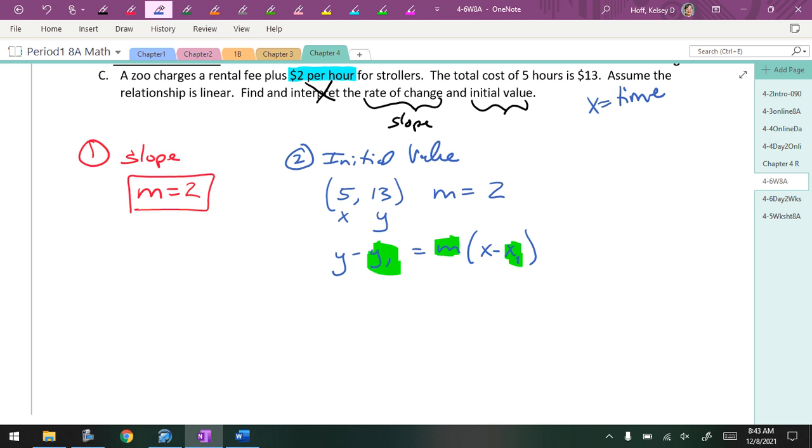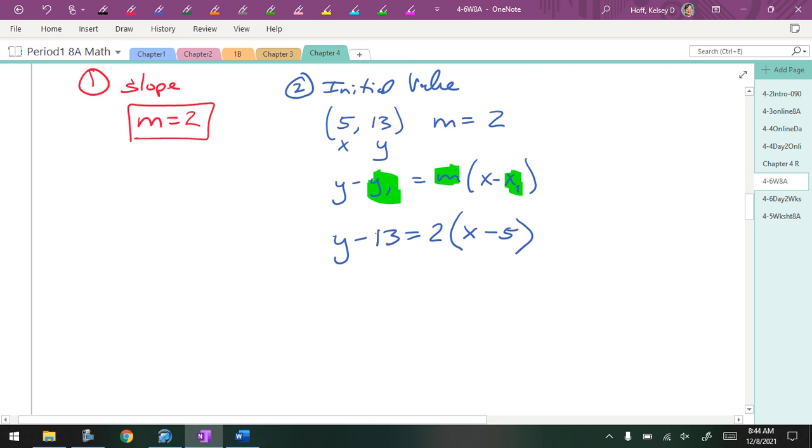Good. So I should write y minus 13 equals 2 parenthesis x minus 5. Very good.